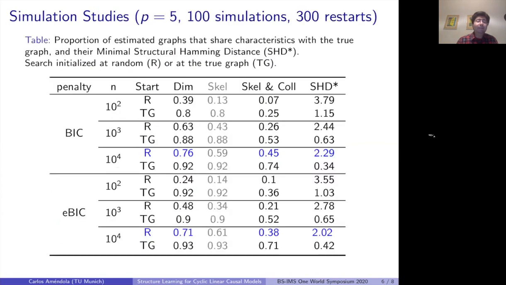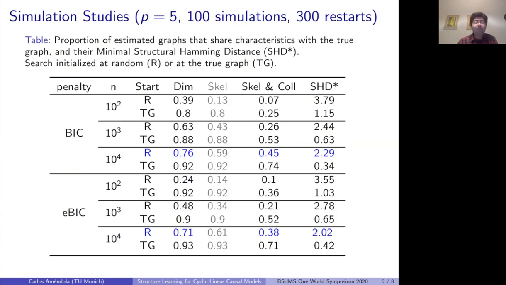Okay, so this table shows results for 5 variables, 100 simulations, and 300 restarts for each. By our theorems, the proportion of models with same dimension as the true one gives an upper bound on the proportion of recovered graphs that are distributional equivalent to the true graph.